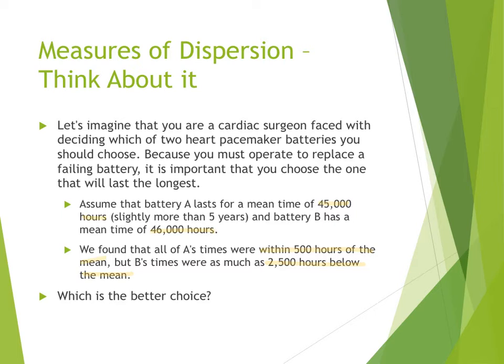So looking at this, we need to think about what is grouped the closest together, because you do not want to put a battery in someone that could fail very quickly because the standard deviation is so large. So the best choice would be battery A, because all of the times were within 500 hours of the mean.